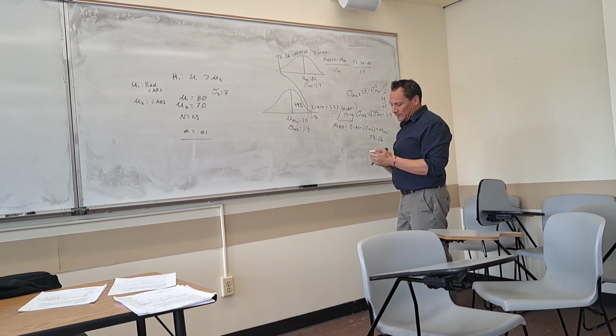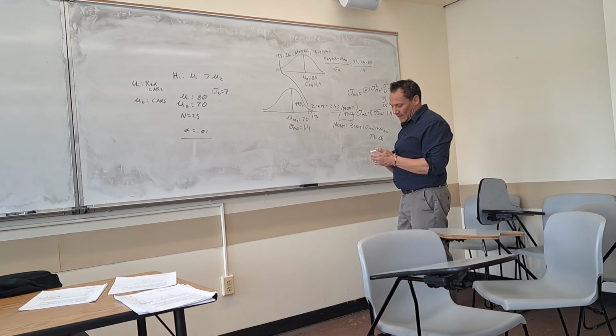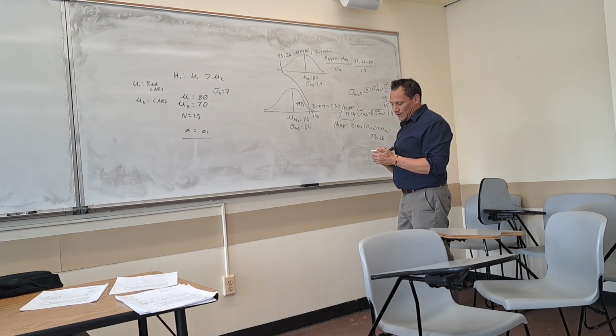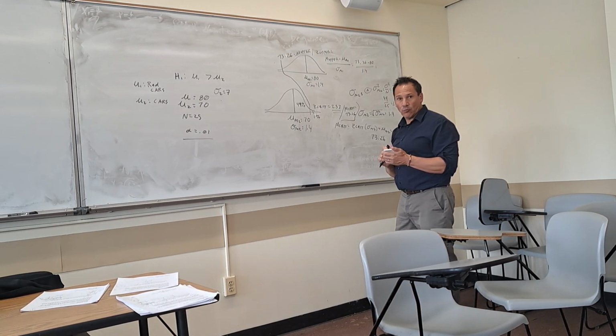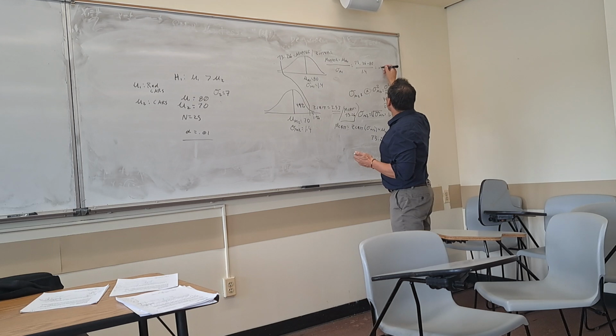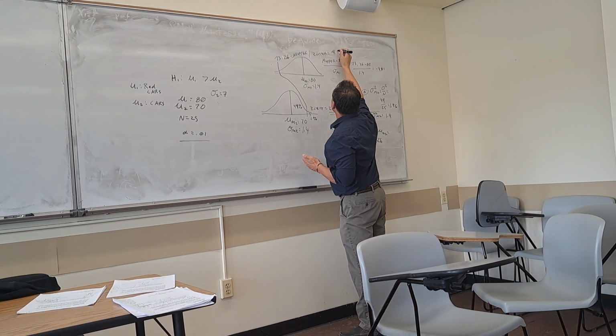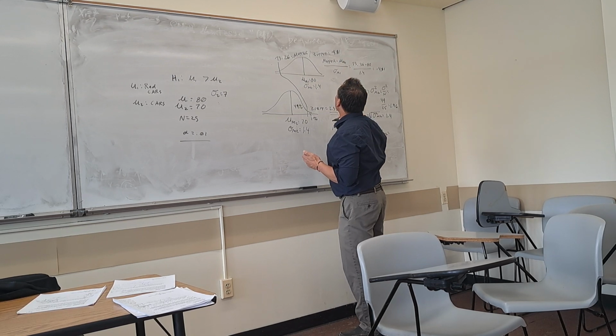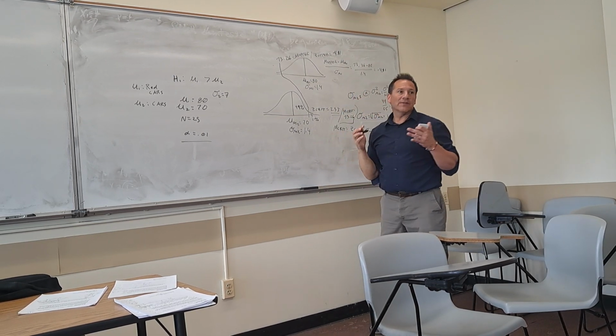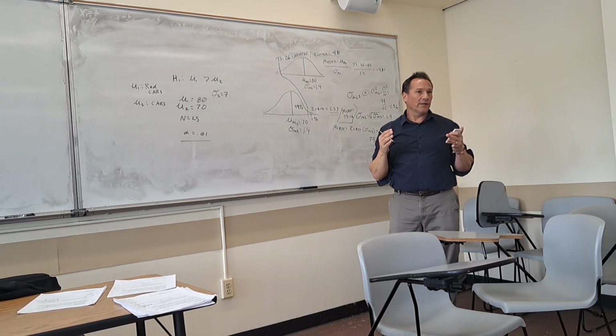Which is negative 6.74 divided by 1.4, which I have as negative 4.81. So as a z-score on the upper distribution, that is a z of negative 4.81.